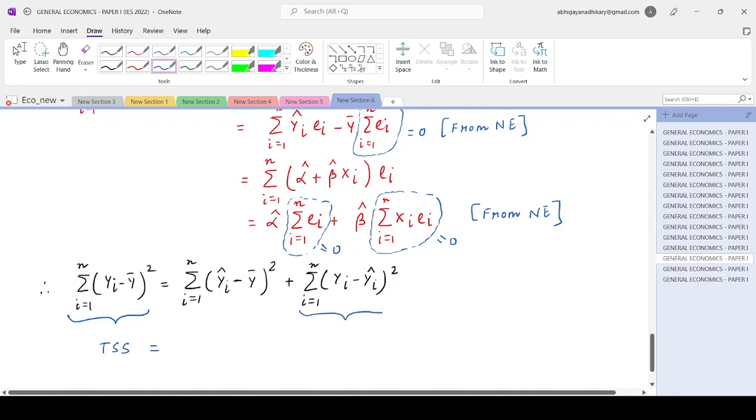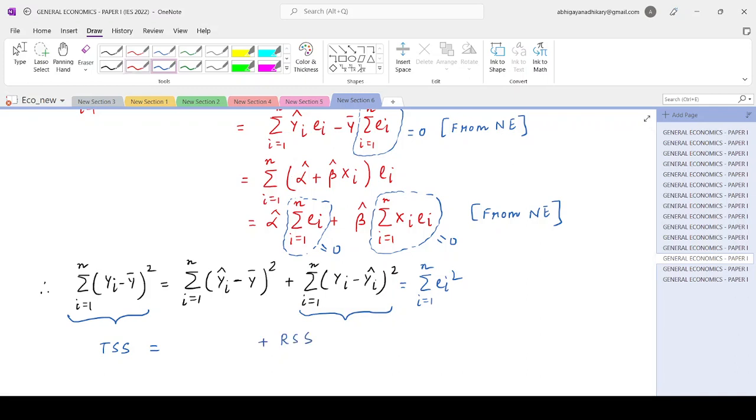The last part, yi minus yi hat, is nothing but summation ei square, which is the error variance or the residual sum of squares, the part that cannot be explained. And finally, yi hat minus y bar is the part that we can explain. So this is ESS. So finally we get our ANOVA relationship that TSS equals ESS plus RSS.